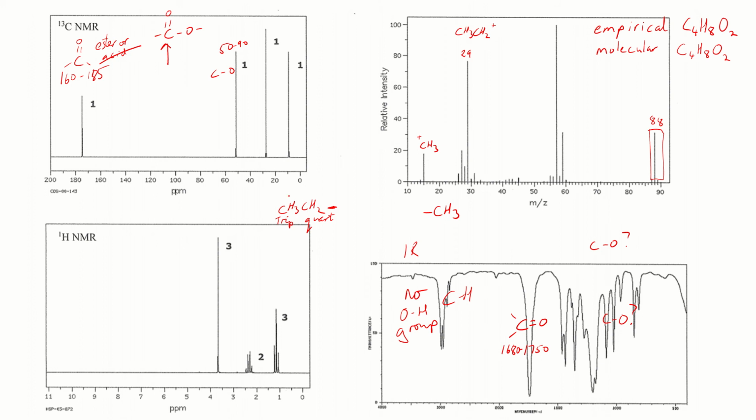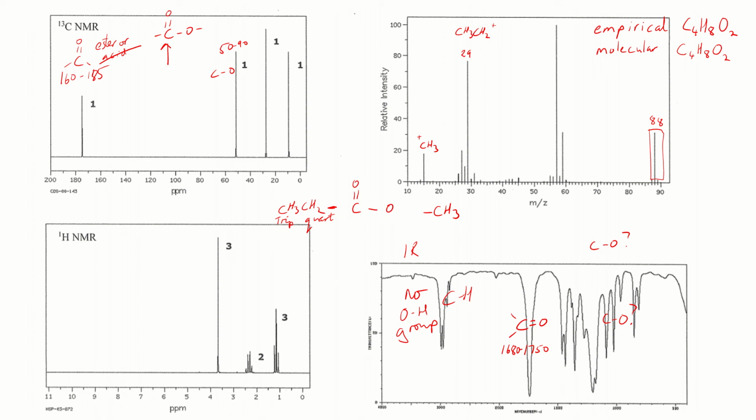If we check what we've used: 1, 2, 3 carbons, and 3, 4, 5, 6, 7, 8 hydrogens. So we've just got this COO group, the ester, to put in the middle. Now we've got a choice though for which way around to put it.